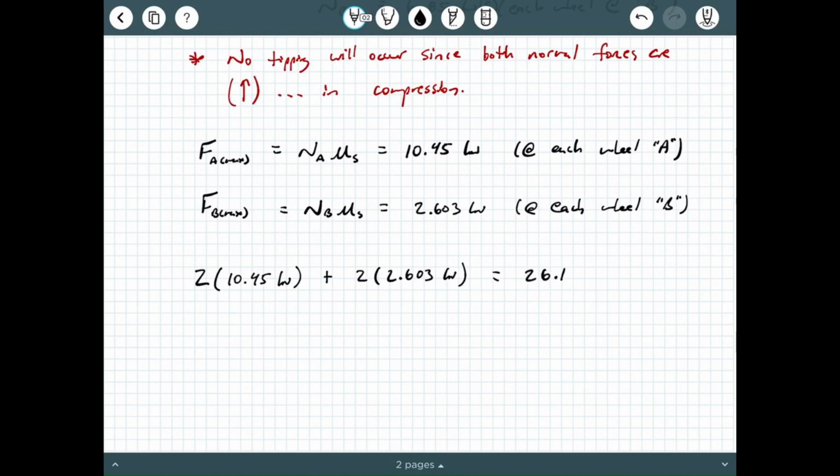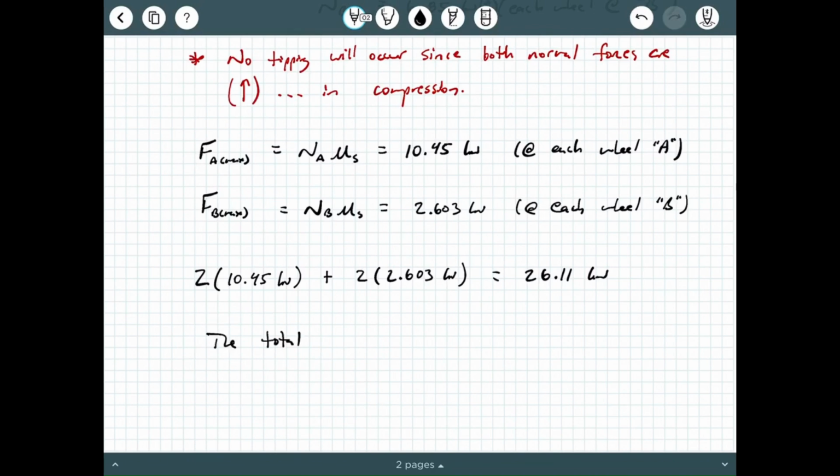And we get 26.11 kilonewtons. Now, what this 26.11 kilonewtons represents, this is the total frictional resistance. This is the absolute maximum frictional resistance that is developed between the wheels and the ground.